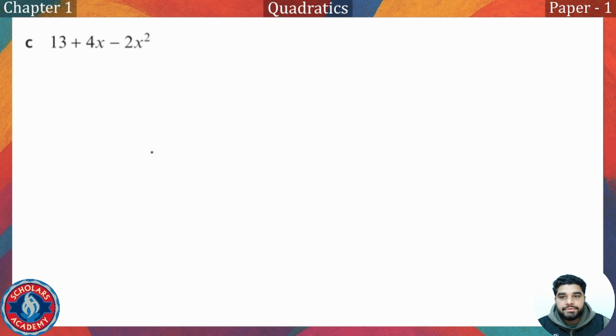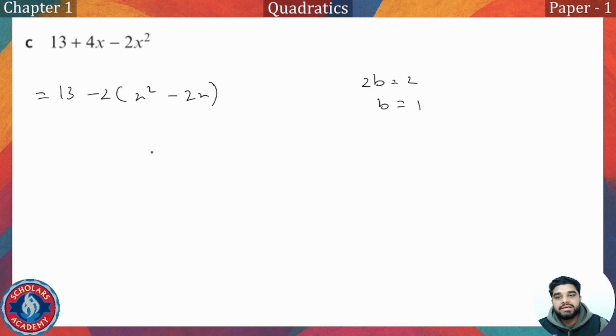Okay, so over here we'll keep this 13 as it is. We'll take negative 2 common again, we get x square, and if we take negative 2 common, we get negative 2x. It means 2b is equal to 2, half of this is 1, b is 1.